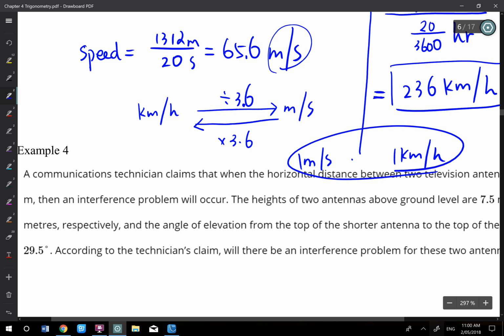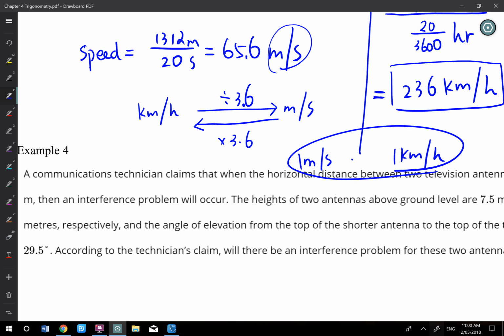Which one is faster? How do you decide? You need to convert at least into the same unit and then compare. Which one is faster?